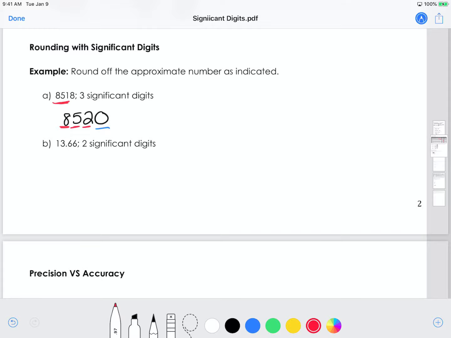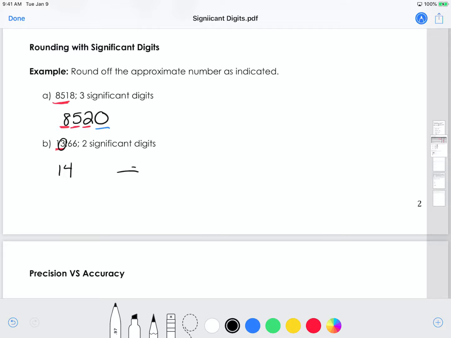Okay, in the second example, it says round 13.66 to 2 significant digits. So I'm going to look at these 2 digits here, and I'm going to rewrite that as a 1, 4. I'm going to rewrite the 3 and bump it up to a 4 because that 6 is 5 or greater. And now we have 2 significant digits.